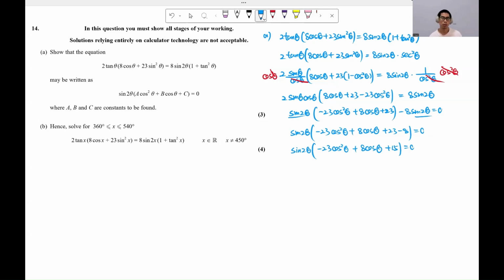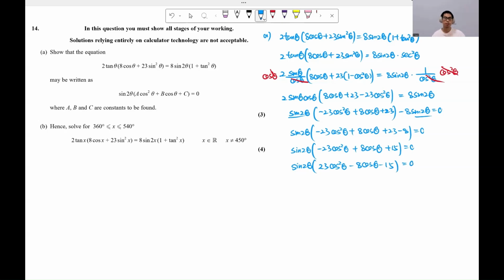I normally keep the coefficient of the highest power positive, so I'm going to times by -1 for both sides to make it 23 cos square theta minus 8 cos theta minus 15 equal to 0.